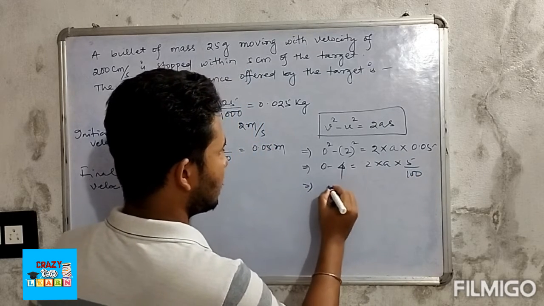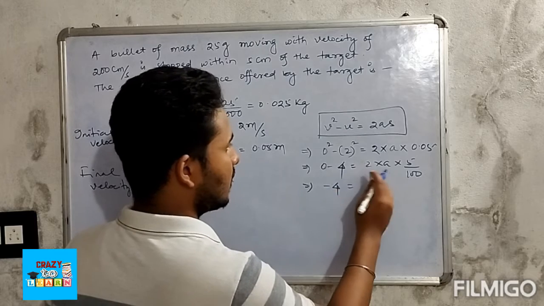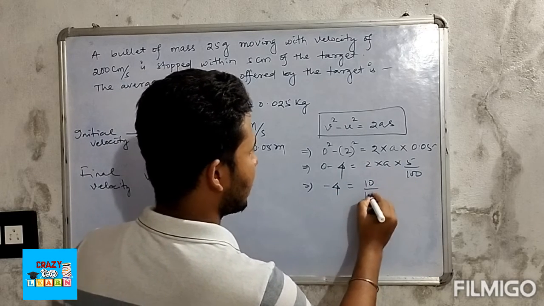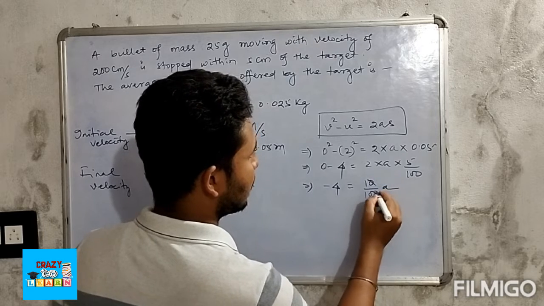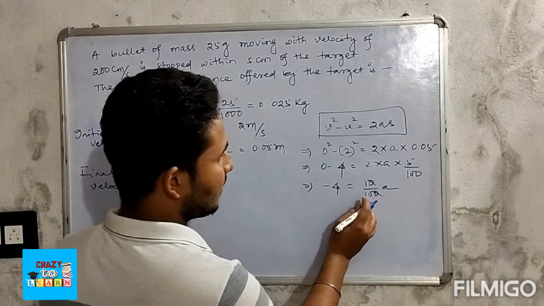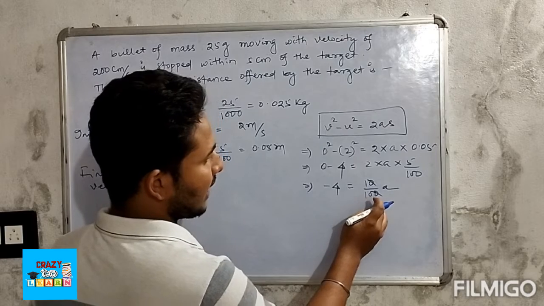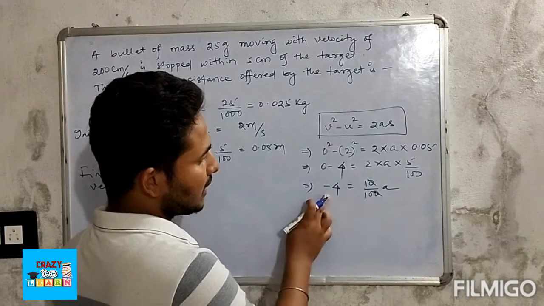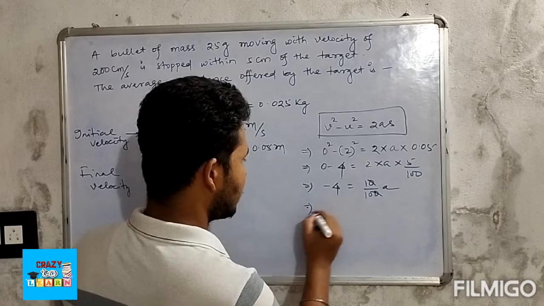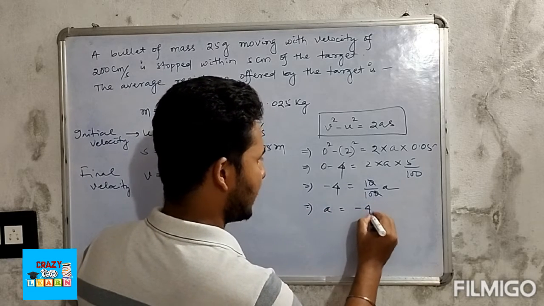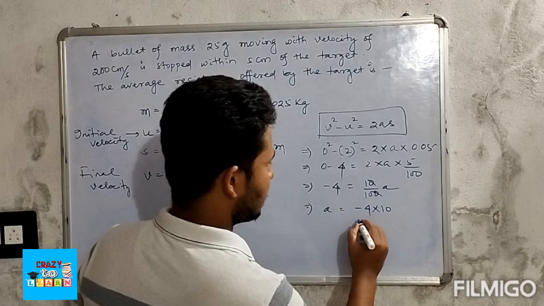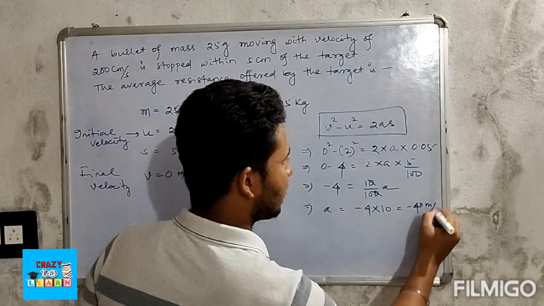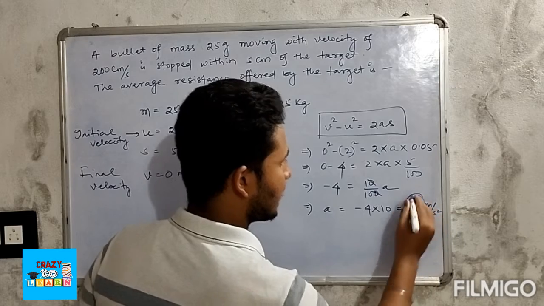So if you solve, here we will get minus 4, here we will get 2 into 5, 10, 10 by 100 a, 0 0 cancel, 1 by 10. 10 from the right side moves to the left side, and as 10 is divided here, when we move to the left hand side it will be multiplied. So a is equal to minus 4 into 10, that means minus 40 meter per second square.